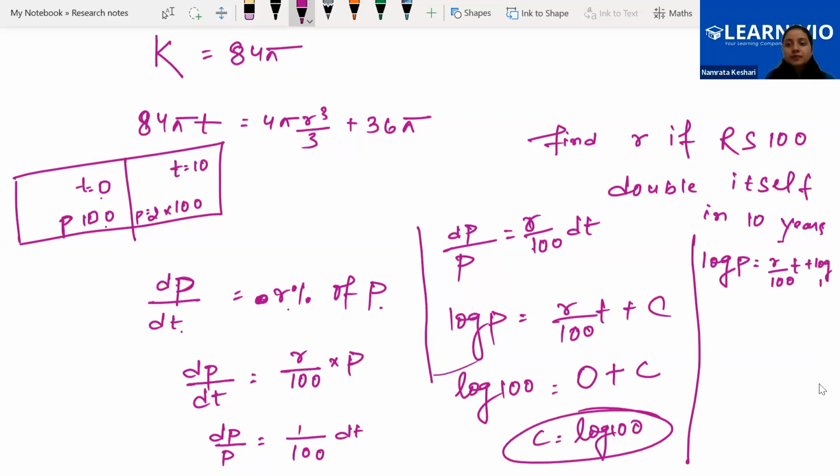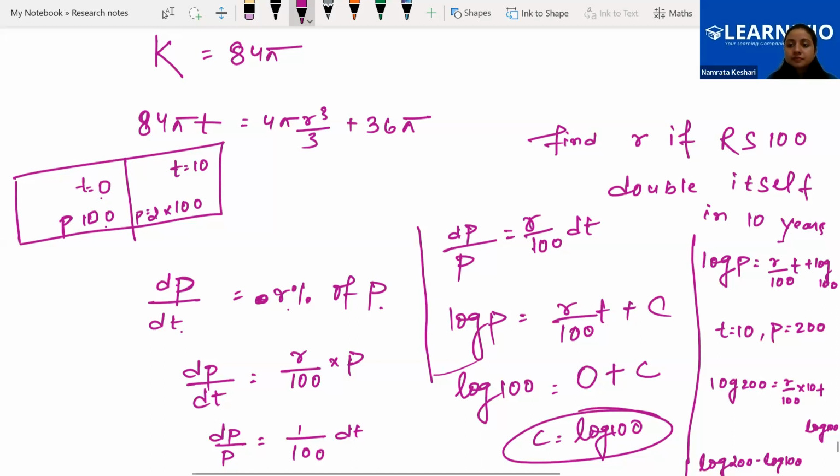Now the other condition says that when t is 10, P is 200. So log 200 is equal to R by 100 into 10, plus log 100. Log 200 minus log 100 will be, here you need to use the property of logarithm. Just a second.